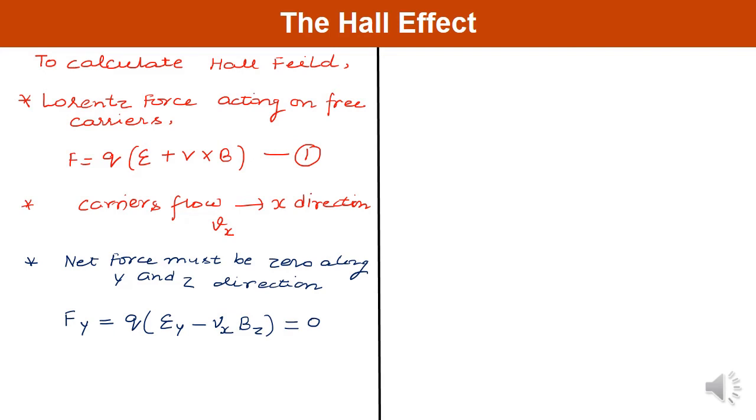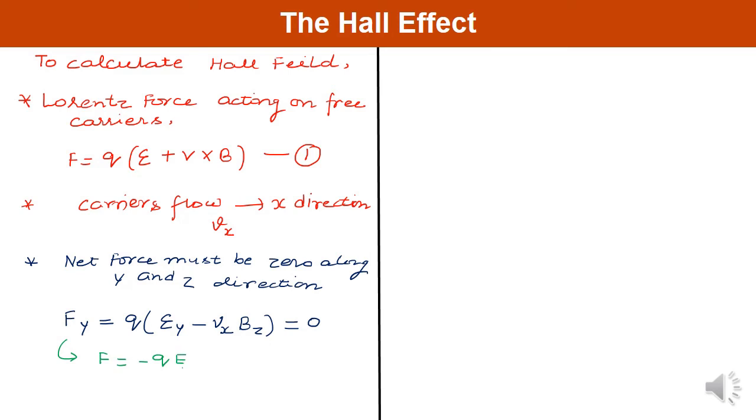But here you have written this force F is in y direction. So how have you written it over here? Just to understand why this particular force is in y direction: force can be written as minus Q, the charge on the carrier, into electric field.